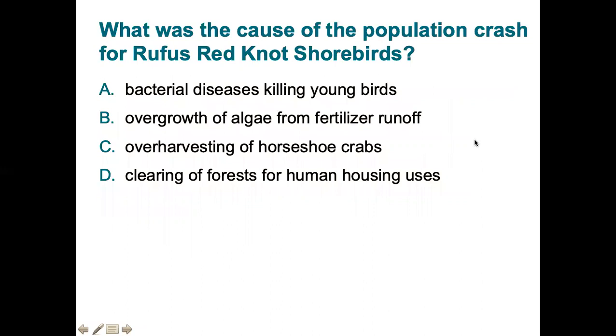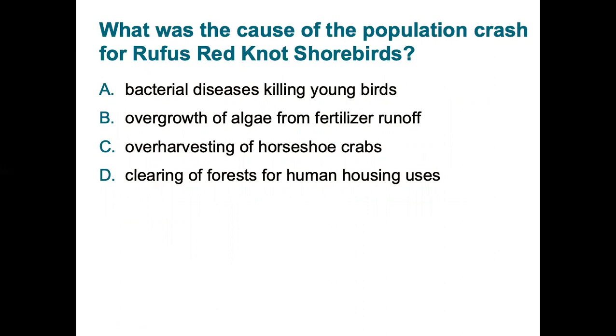So the cute little story that they tell at the start of the chapter to try to get us engaged in the material asks, what is the cause of the population crash for rufous red knot shorebirds?